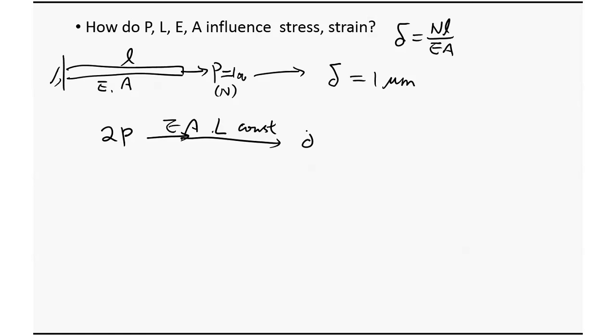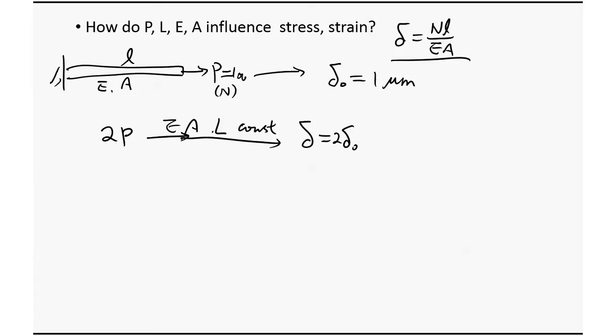How much elongation do I get? Delta over 2? What does that mean? You mean the initial delta 0 over 2, half of the elongation. So I apply twice the load, how much elongation do I get? Twice. So I get 2 micrometer, so twice the delta 0, based on this equation.